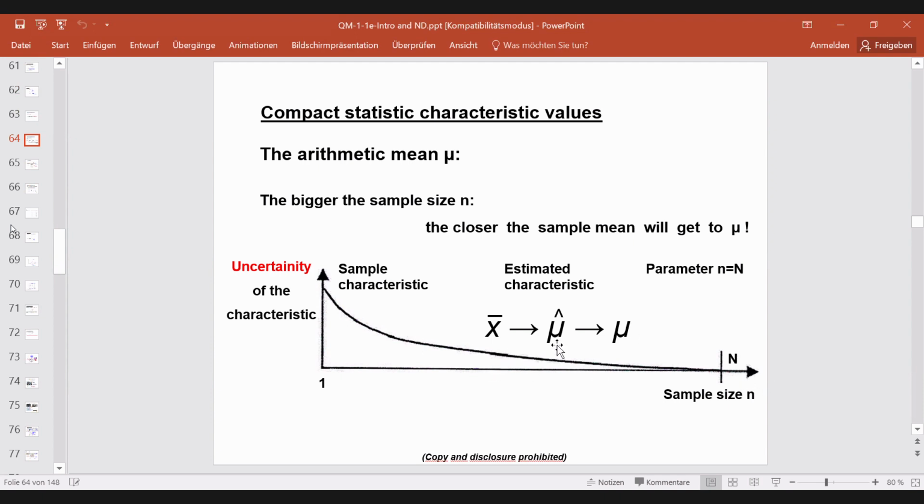So it is an estimation. The higher the sample size is, the closer you come to the real mu value. But in every case, if it is a sample, it is an estimated value of mu, and estimation means that mu has this roof you see here.